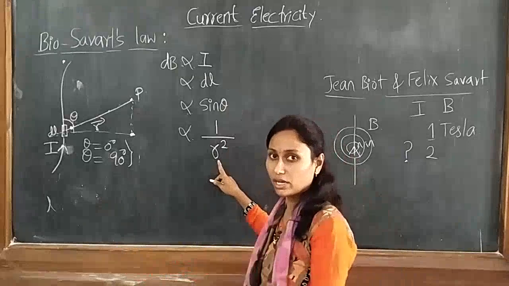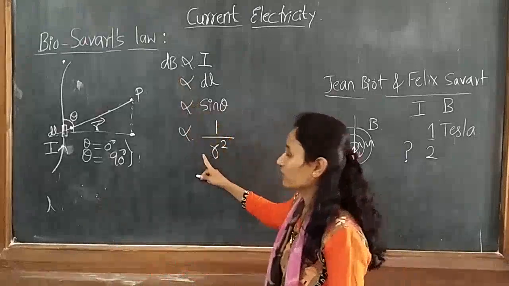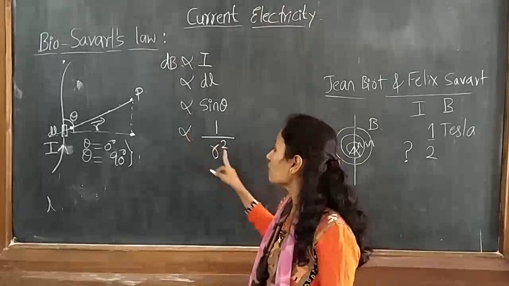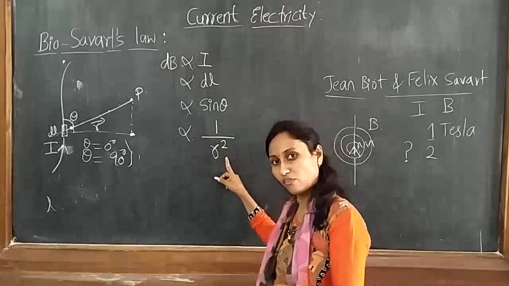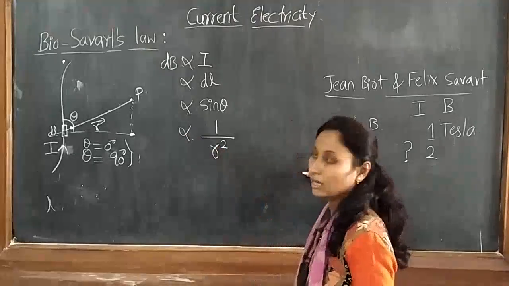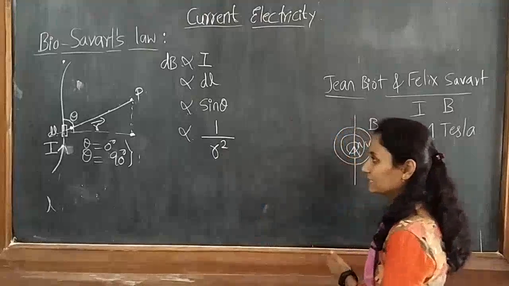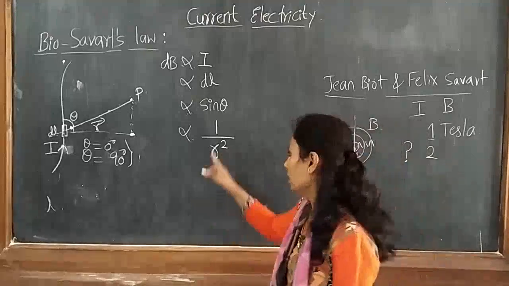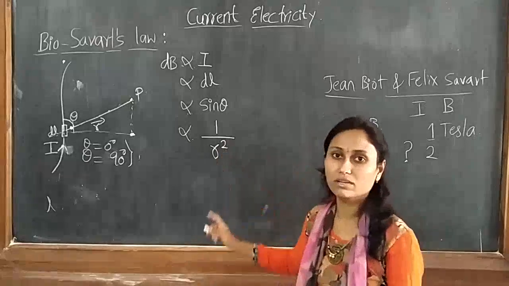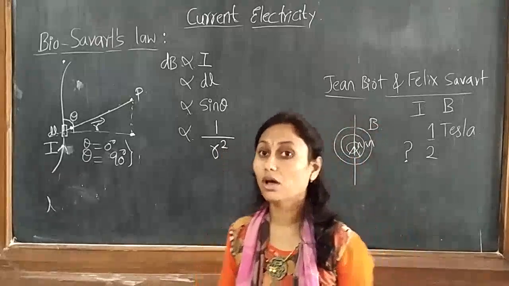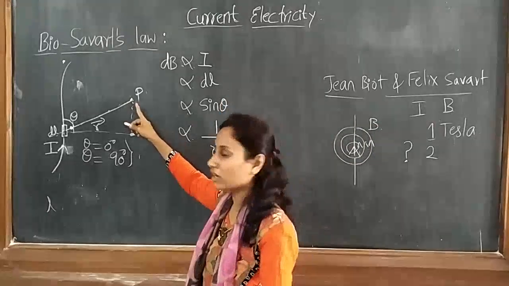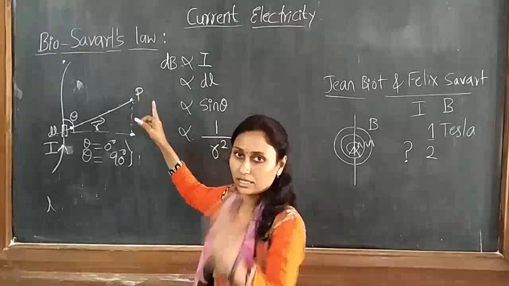So from this we concluded that the magnetic field depends upon the distance, inversely proportional to the square of the distance, not directly, because as the distance increases, the magnetic field keeps decreasing. That's why it is inversely proportional to the square of the distance. Means inverse square law is applying here. So these are the 4 quantities on which the magnetic field at the point P depends.